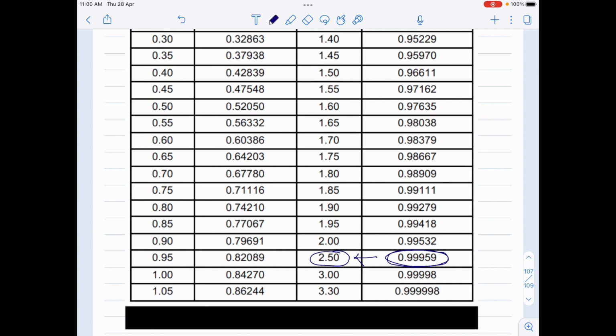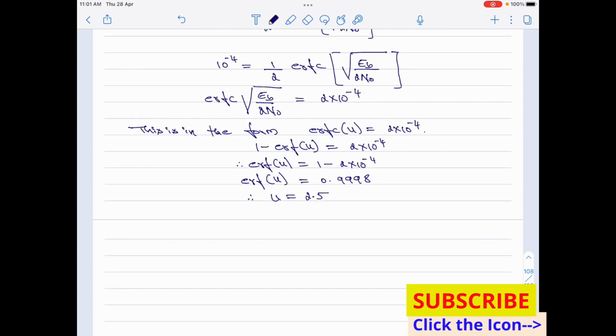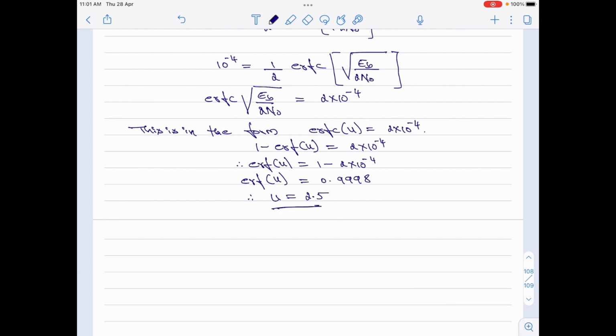Now, let us go back to the numerical, and here I will write U is equal to 2.5. Once we find the value of U, let us substitute for U. What was actually U? Please note, square root of EB divided by 2N0 was U. So, I will therefore write square root of EB divided by 2N0 is equal to 2.5.